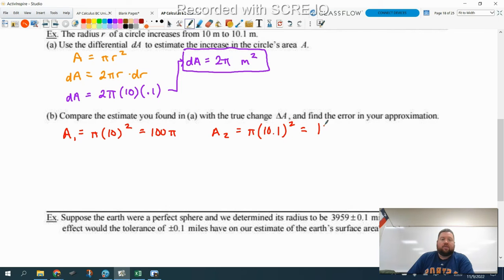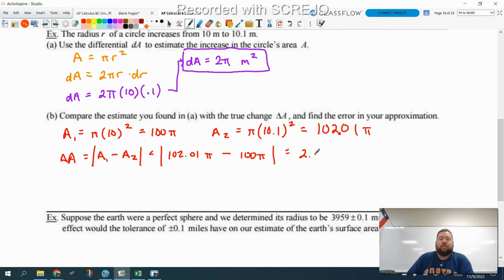So we get 102.01 with 2 decimal places, and then that's multiplied by pi. All right, and then our delta area is equal to area 1 minus area 2 in absolute value. Okay, so I'm going to actually put area 2 first, 102.01 pi minus 100 pi. And that's equal to 2.01 pi.